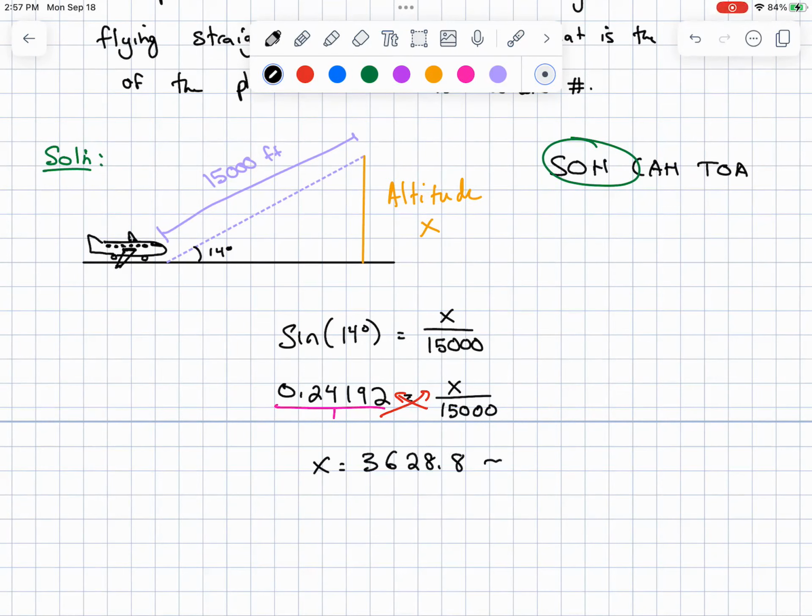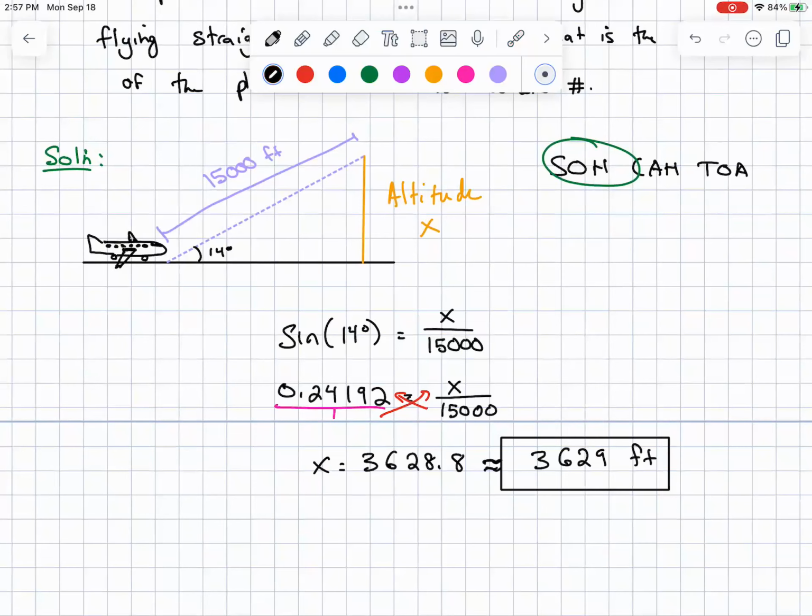So approximately, if we round up, 3,629 feet. So the plane is 3,629 feet above the surface.